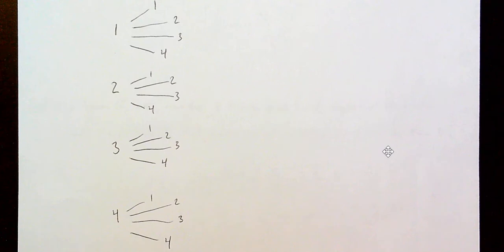So this is a very rough yet still accurate tree diagram for the possible outcomes you could have.